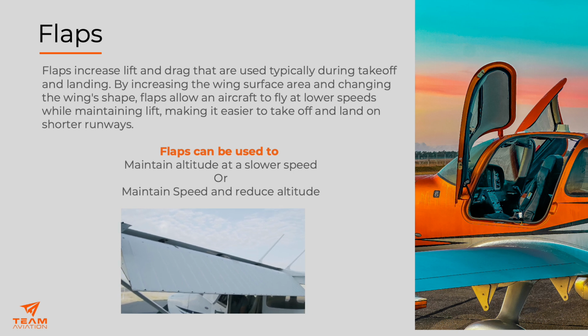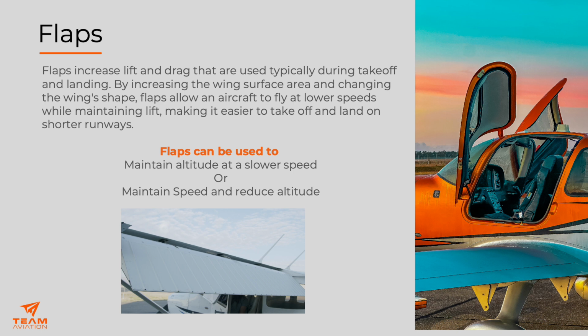Flaps are an important feature of an aircraft's wings that can greatly improve the safety and efficiency of takeoffs and landings. They are hinged surfaces on the trailing edge of the wings that can be extended to increase the wing surface area and change the wing shape.